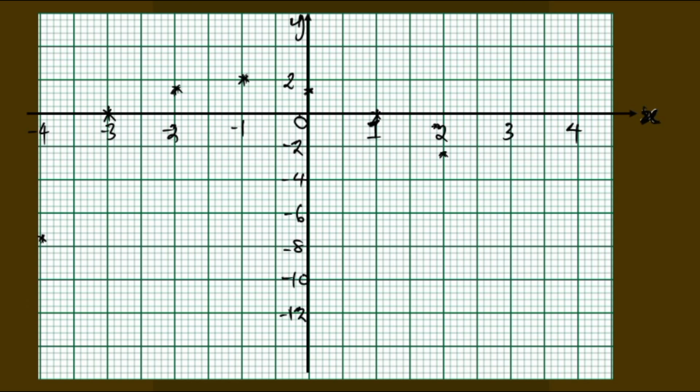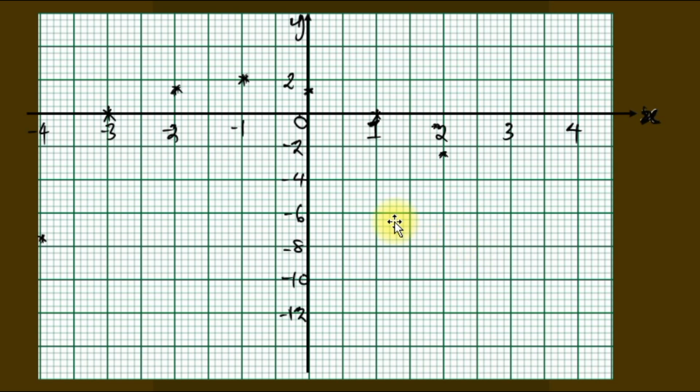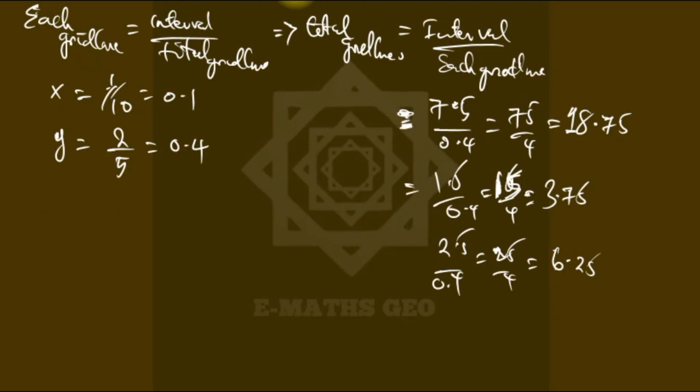So when x is 3, y is minus 6. Again, we can see minus 6 is there. And finally when x is 4, y is minus 10.5. So we do that same thing: 10.5 divided by 0.4, which is 105 over 4.